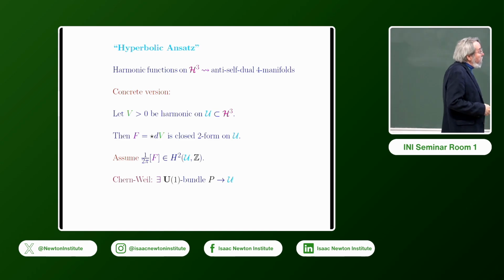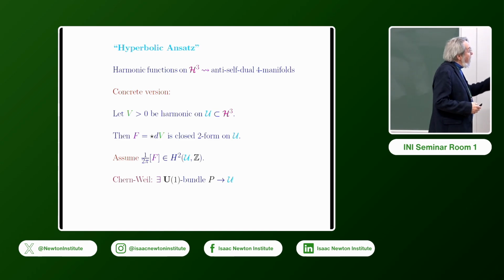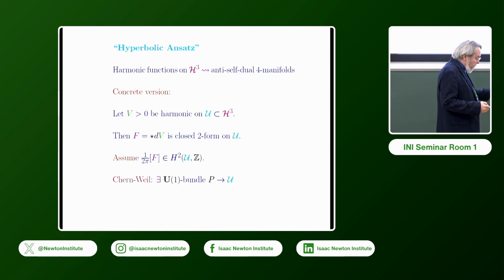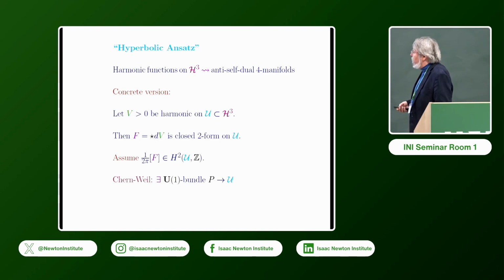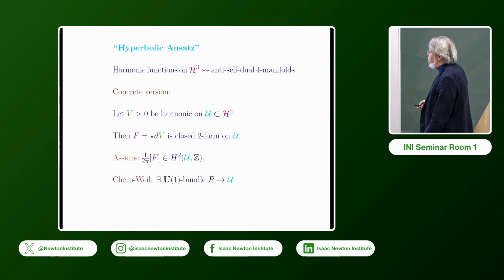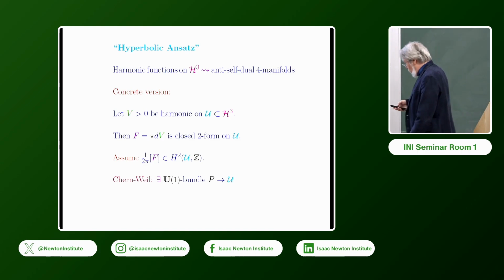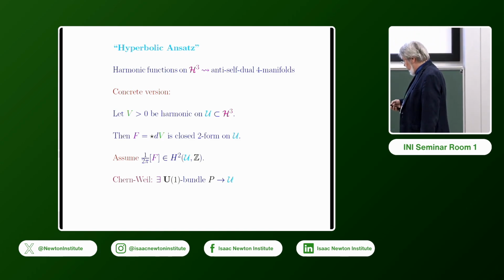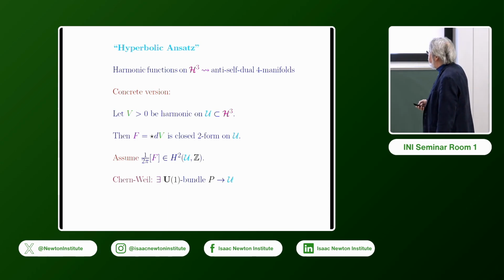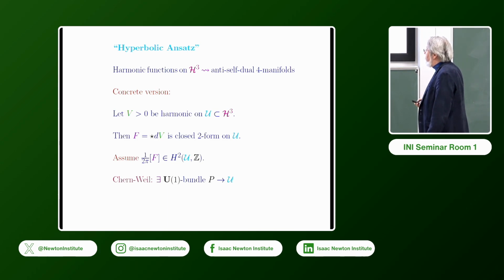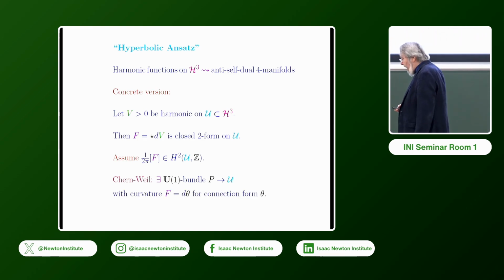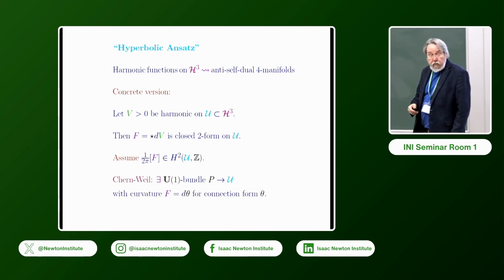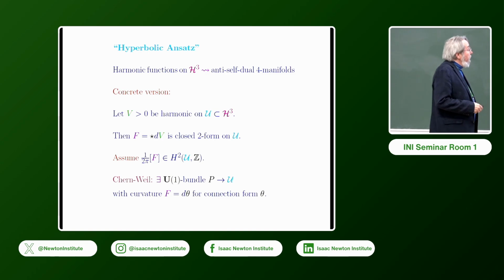Then the Chern-Weil theorem says that if you have on a manifold a de Rham class in H2 which is actually an integer class, then it is in fact the first Chern class of a U1 bundle. Here this would be its image in real cohomology, modulo torsion. So there would be a principal U1 bundle which had a connection with that given curvature.